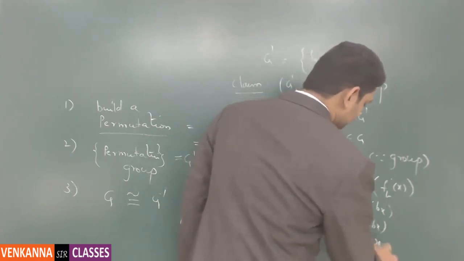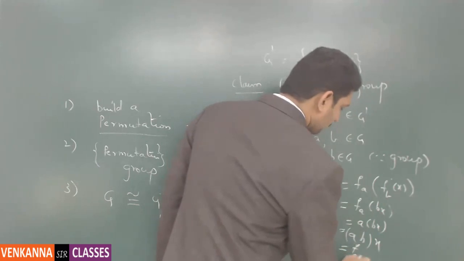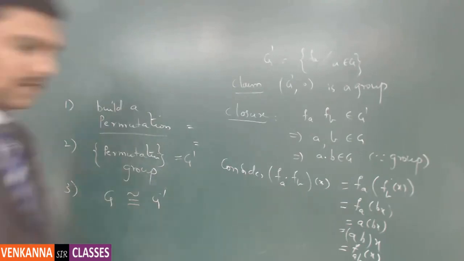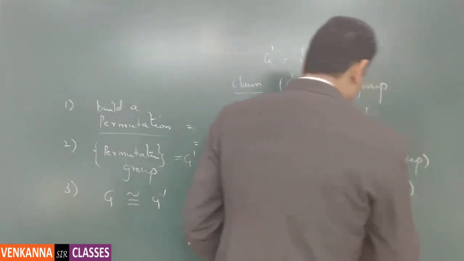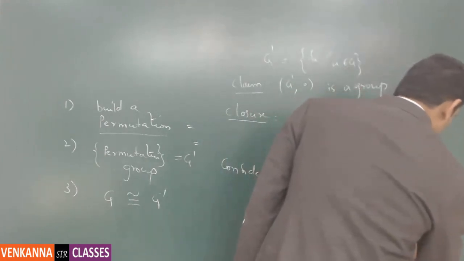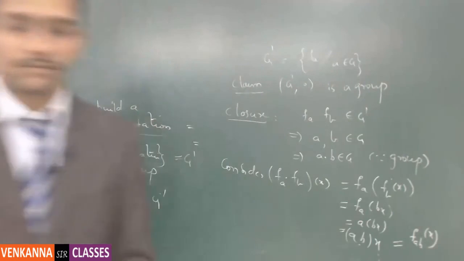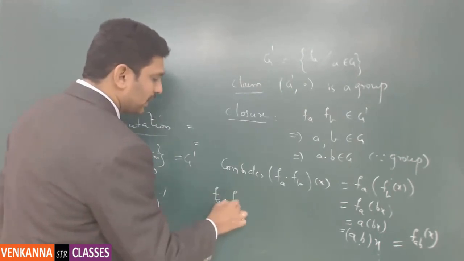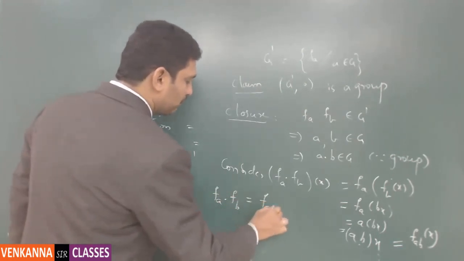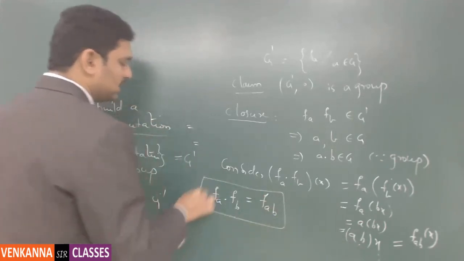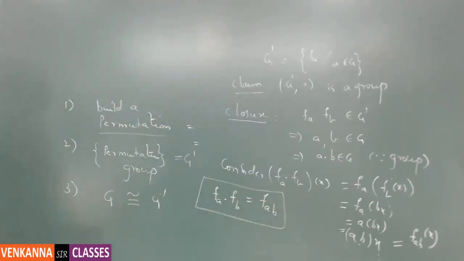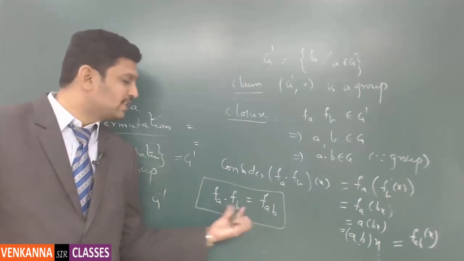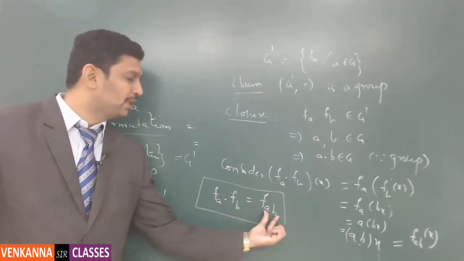Again, you can read it as ABX. So in a short manner, you can write it like this. So at this point, you can say FA dot FB equals FAB. It means that whenever you consider two permutations, the product is nothing but the permutation obtained corresponding to the elements' product. A dot B will come here.